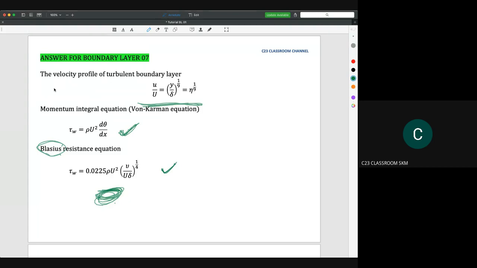So from this situation, we know that it is turbulent. We prepare the von Karman equation and we prepare the shear stress value from the Blasius calculation.